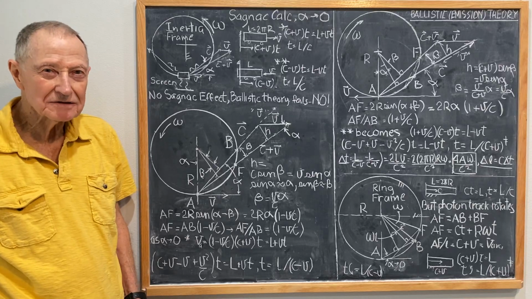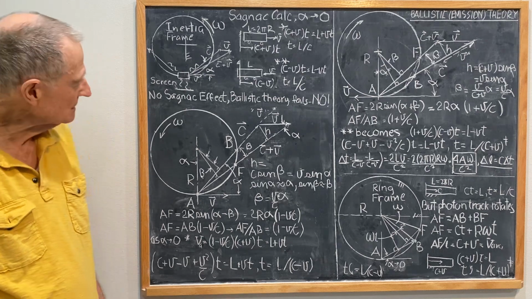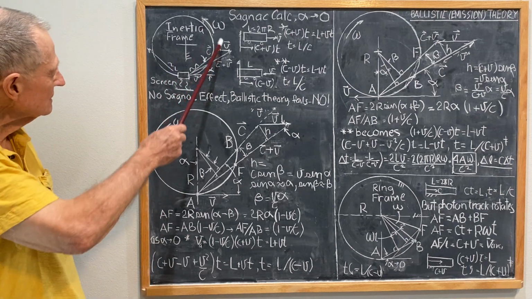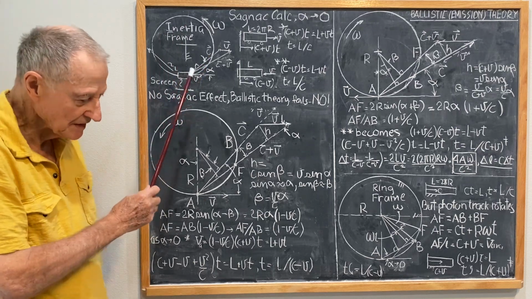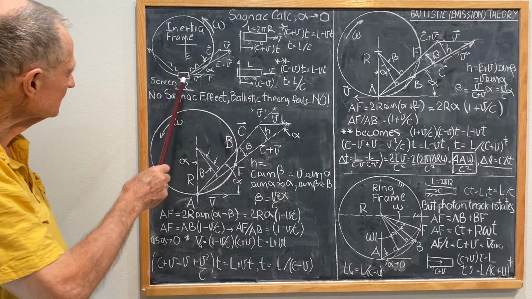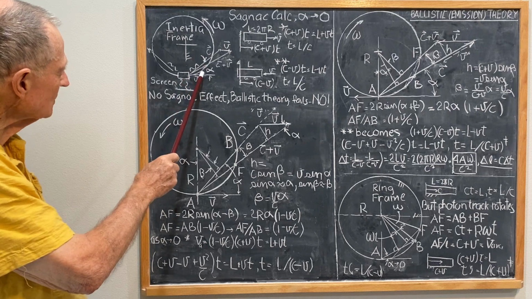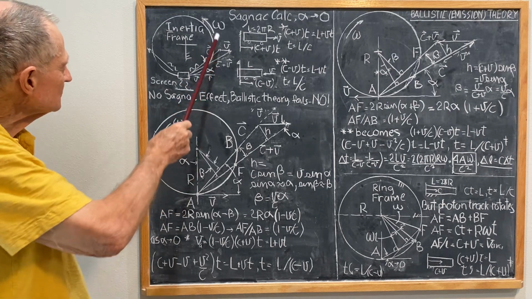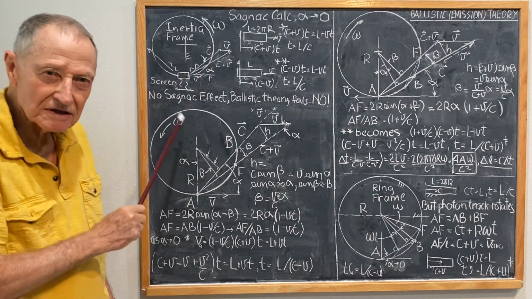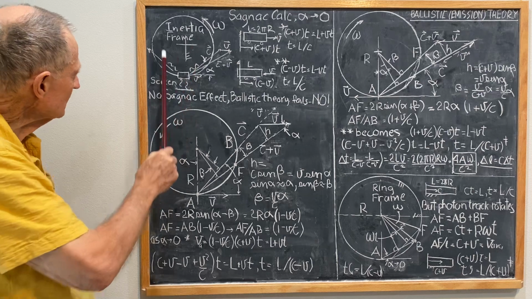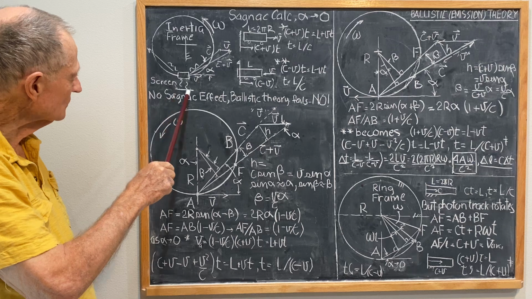In this video, I'm going to calculate the Sagnac effect for a Sagnac ring illustrated here, consisting of a circular path with a source of photons, which emits photons in opposite directions around the ring, and then when the photons arrive back at the beginning, they're reflected out onto a screen.